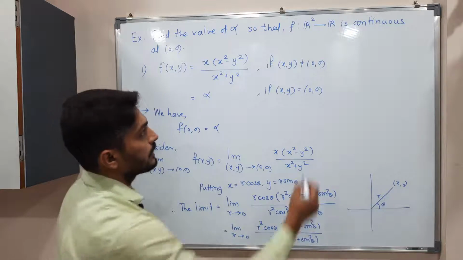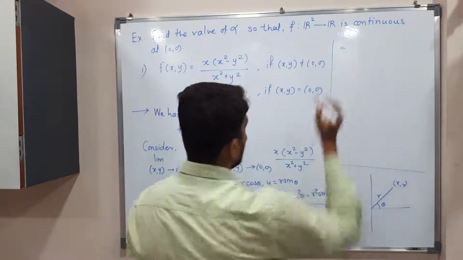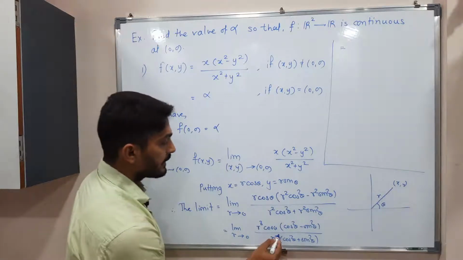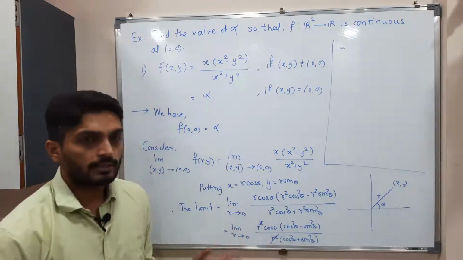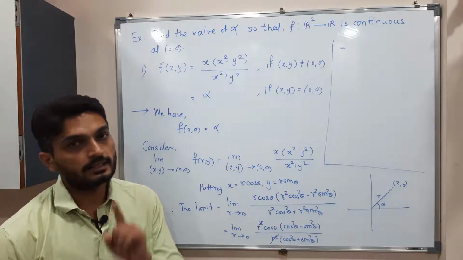So it is equal to, r square we can easily cancel; r cube is there, so r square will get cancelled. And do you know the value of cos square theta plus sin square theta? It is 1.